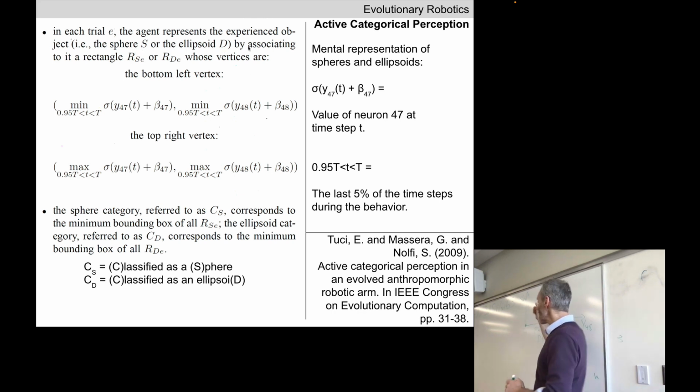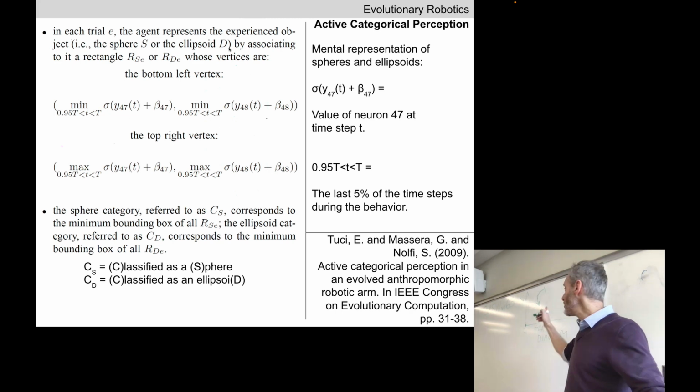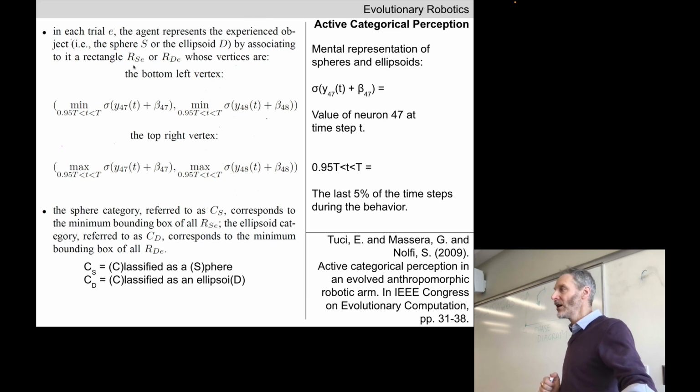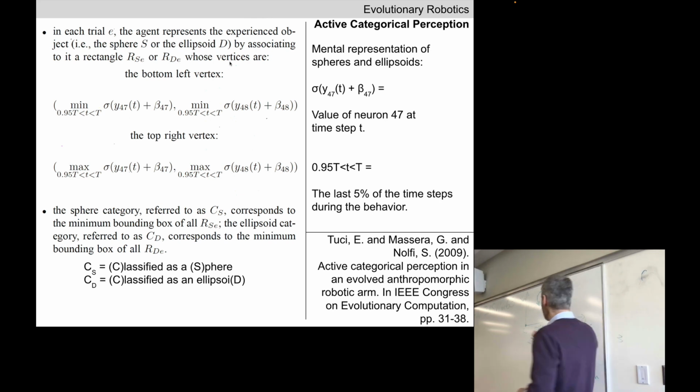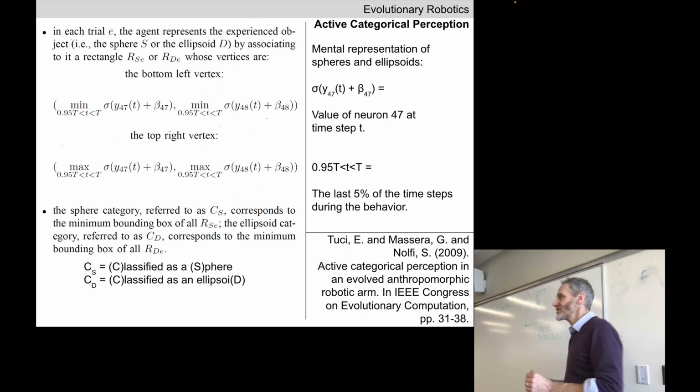By associating with that object, they're either going to place an S or a D underneath the robot, and they're going to use these neuron values in computing the fitness function to construct a rectangle R sub S or R sub D, where the vertices of these rectangles are defined by this trajectory. They're basically placing a bounding box around this trajectory.